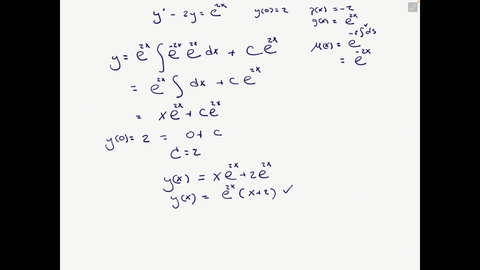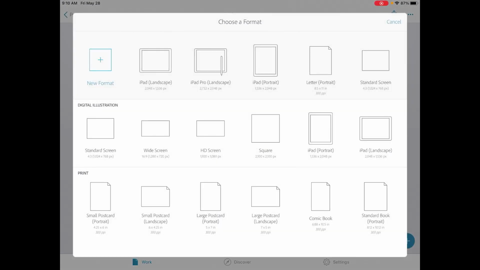All right, why don't we look at this one? This is given as an example in the book. We have x y' + 2y = 4x^2. I don't think we have any initial conditions given with this.